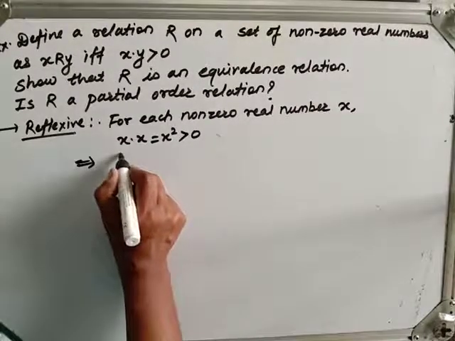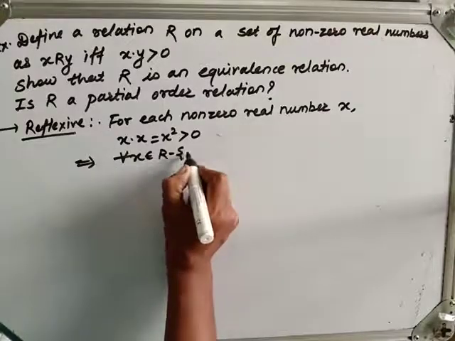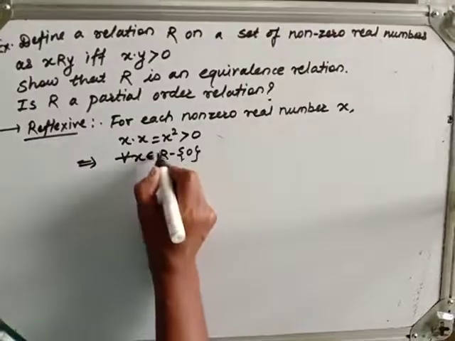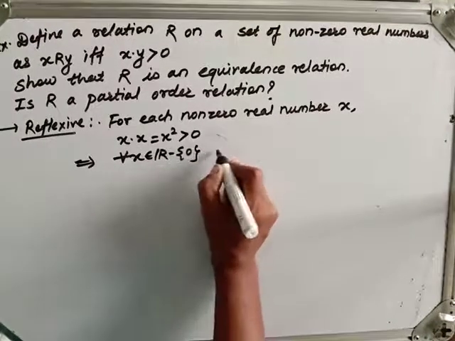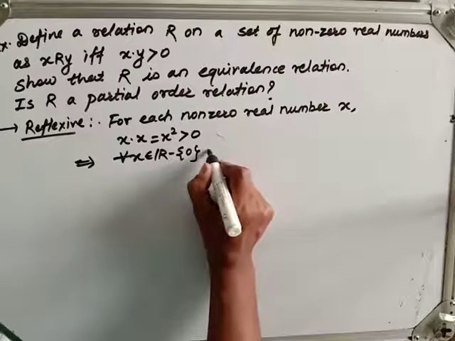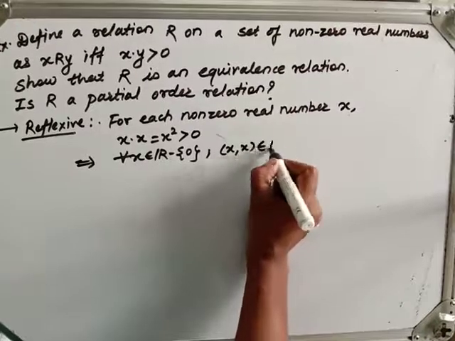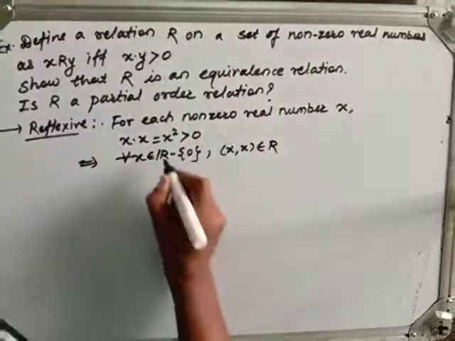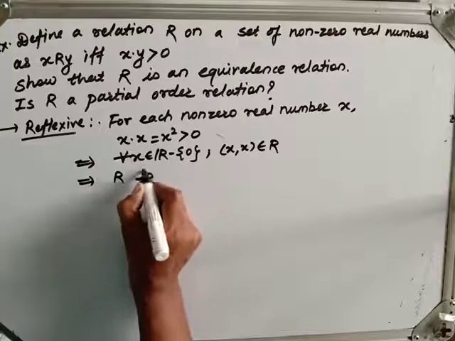So for all x belonging to R minus {0}, meaning a non-zero real number, we can say for each x, the ordered pair (x, x) belongs to the relation R. So that is the same as to say R is reflexive.